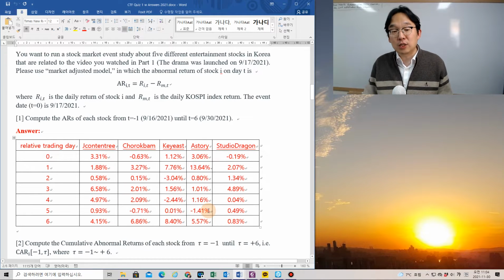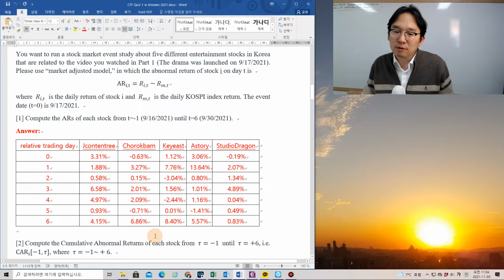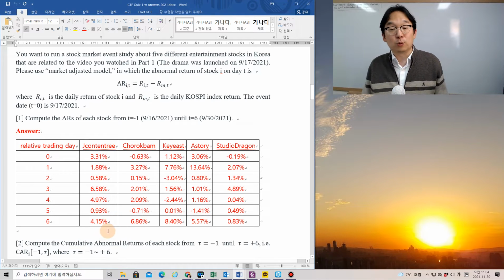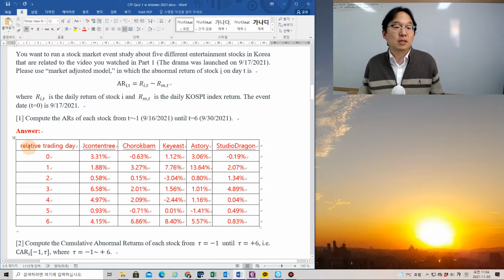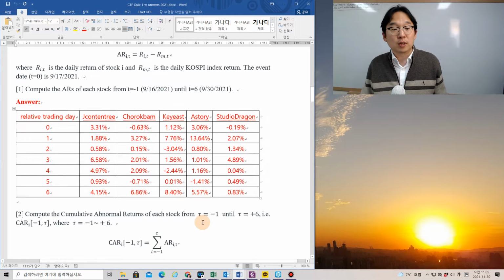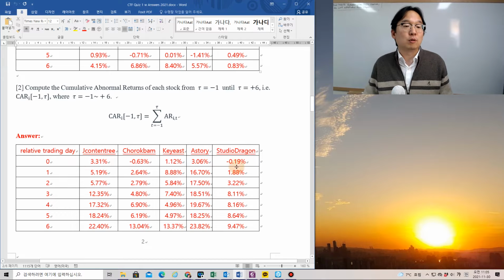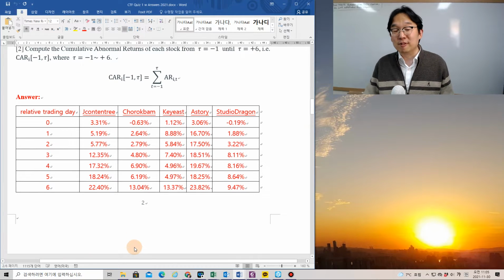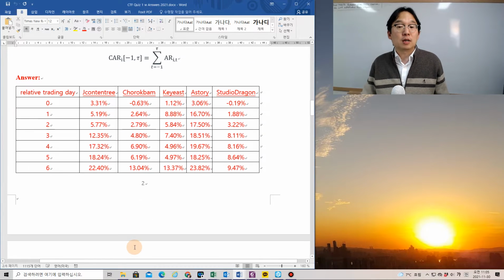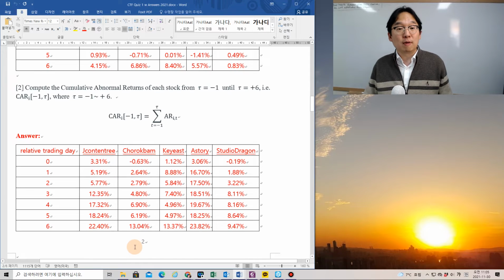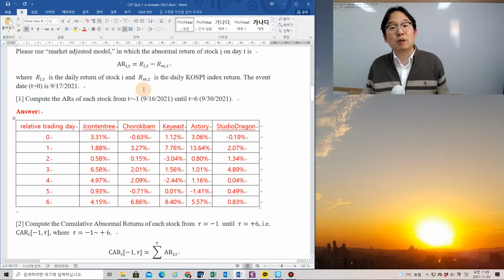Event-driven hedge funds, you care about it. So this is how we estimate those abnormal returns. I should have labeled the relative trading day -1 before it, and then those returns. But the cumulative abnormal return on day -1 will be 0. Anyway, these are the answers about the cumulative abnormal return. The abnormal return I told you to compute was a very simple one.